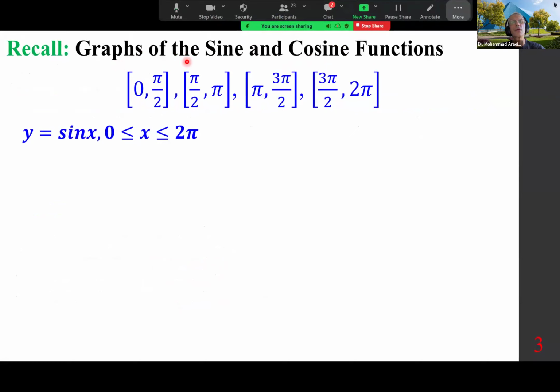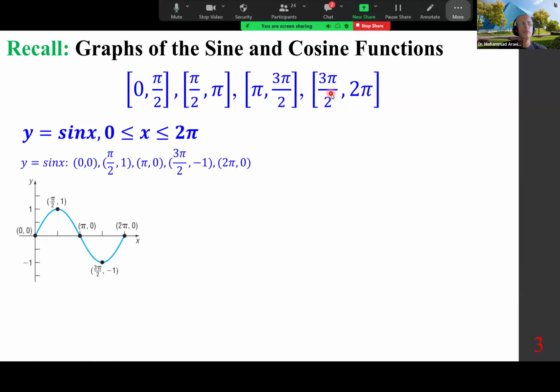So recall we looked at graphs of sinusoidal functions, sine and cosine, and the easy way was, because the basic one has a period of 2 pi, we cut it into 4 pieces, from 0 to pi over 2, pi over 2 to pi, pi to 3 pi over 2, 3 pi over 2 to 2 pi, and we make 4 arcs. 1, 2, 3, 4.